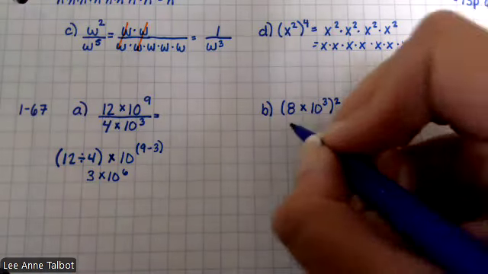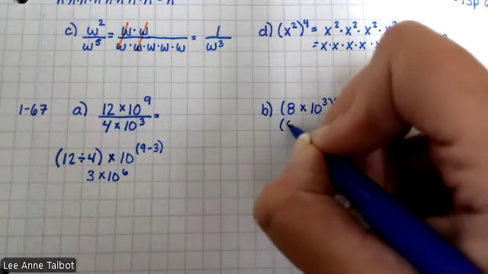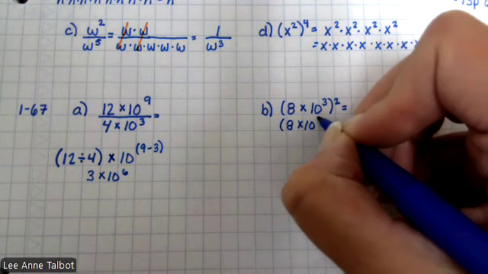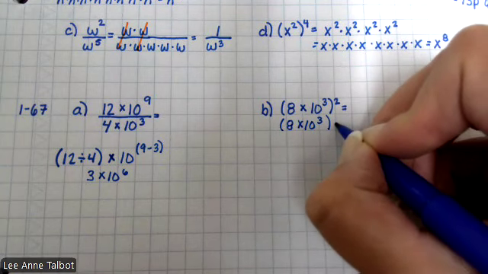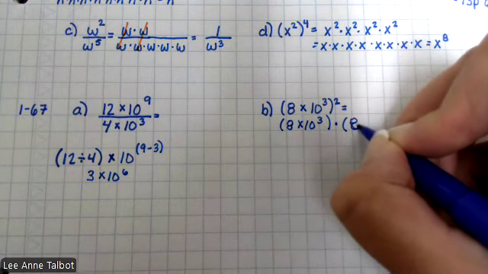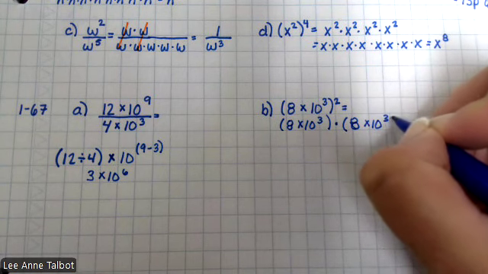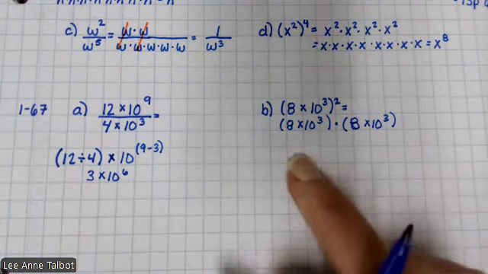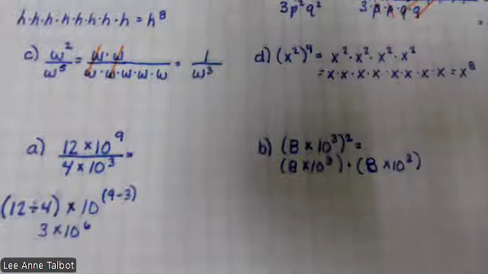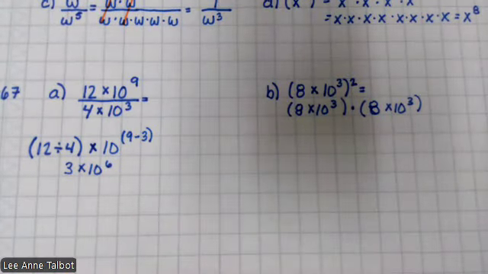Okay, now this guy here is multiplication in disguise. When something is squared, it's times itself.